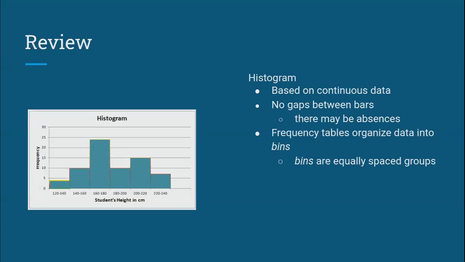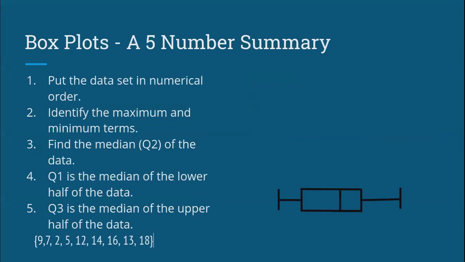All right, so we ready? Okay. Now we're going to talk about a box plot. When you were in middle school, you probably called this a box and whiskers. But a box plot is a 5-number summary of the data. So when we are talking about statistics, we discuss the mean, mode, and median.